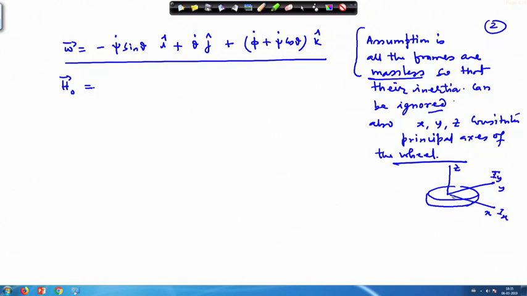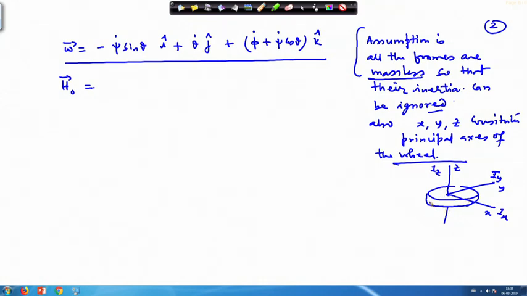And therefore, as I have told you earlier, the body frame is not fixed to the wheel; it is located at the center of mass of the wheel, but it is not rotating along with the wheel. That simplifies the equation of motion. Otherwise, you have to carry a tag for the rotation of the wheel also.